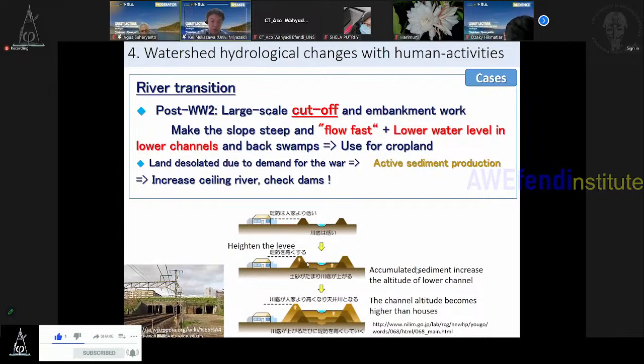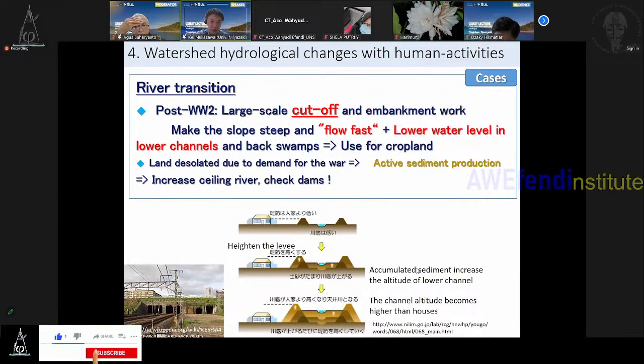It depends on the strategy of the river manager. If the river manager chooses to heighten the levee, the river becomes like this. But if the sediment production is still high, the sediment is deposited again, and the altitude of the river gets higher again.